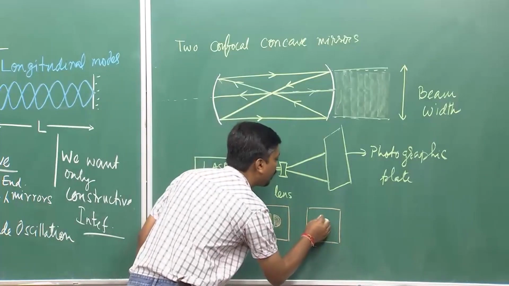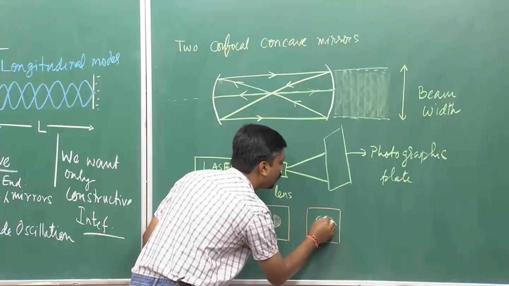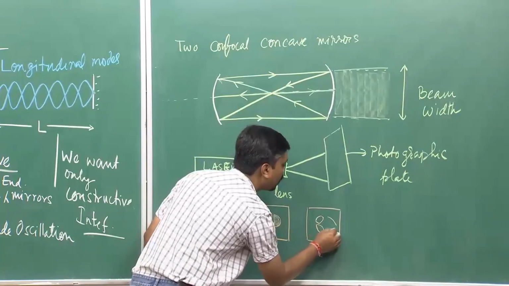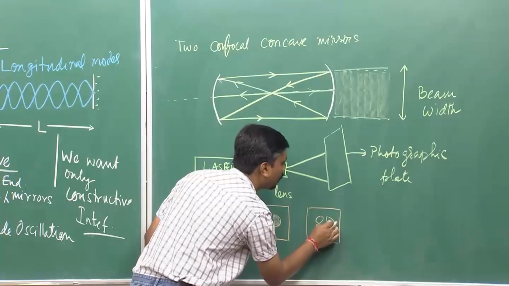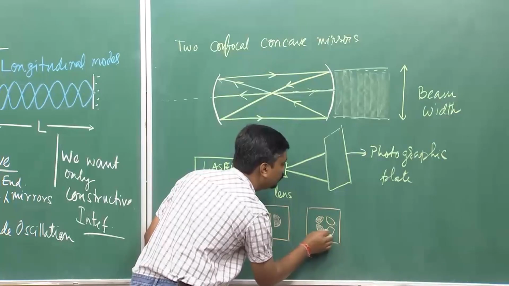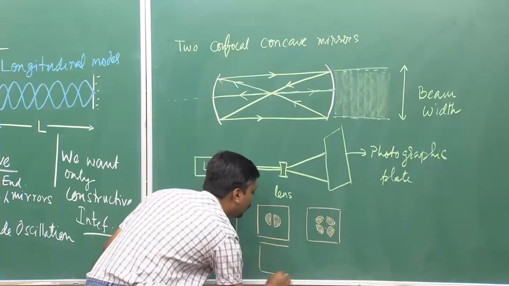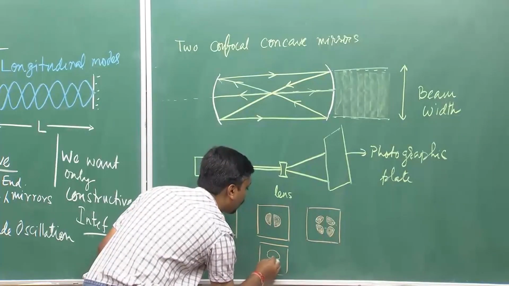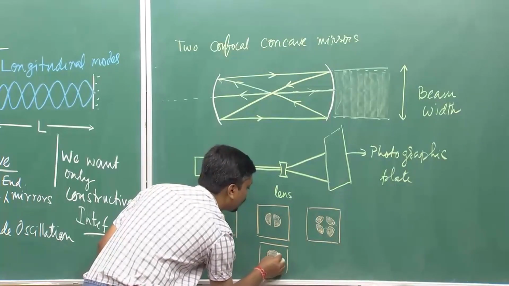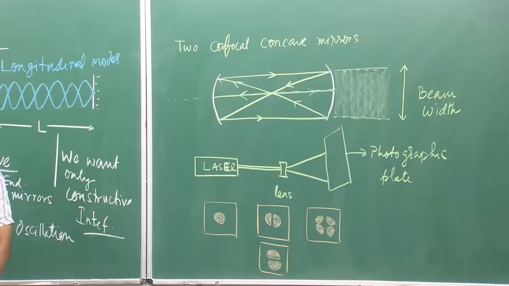I can have like this, having 4 lobes, or I can have again 2 lobes pattern, but these lobes are oriented in a different way.